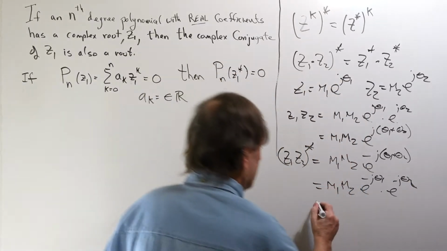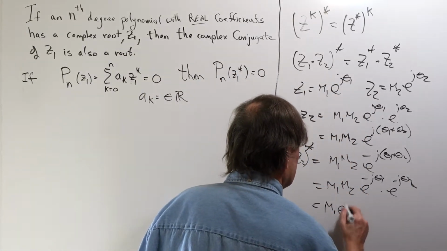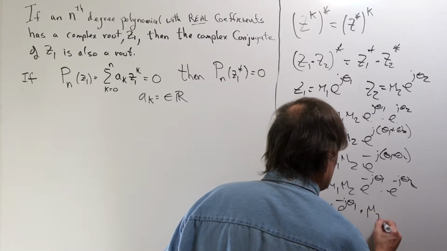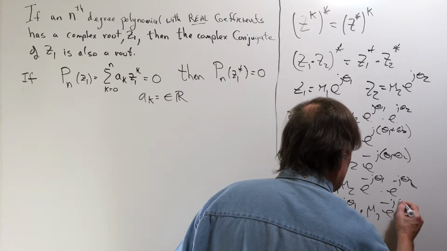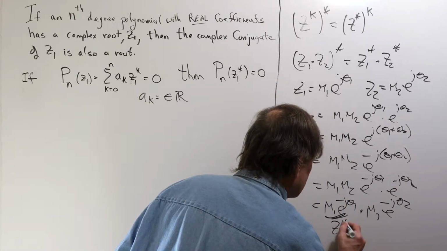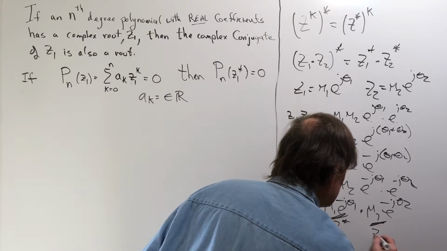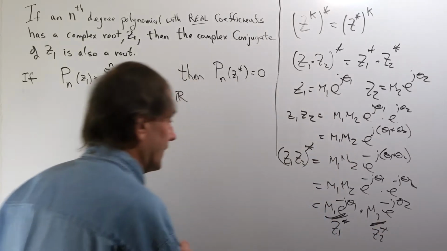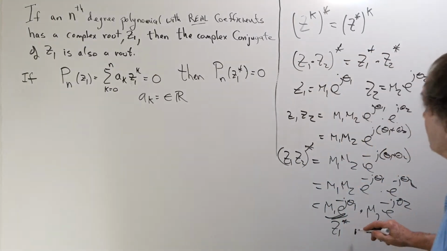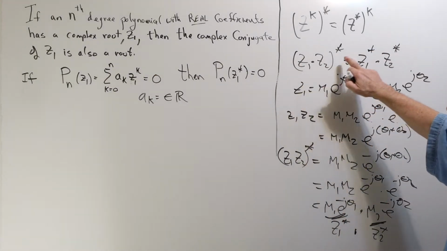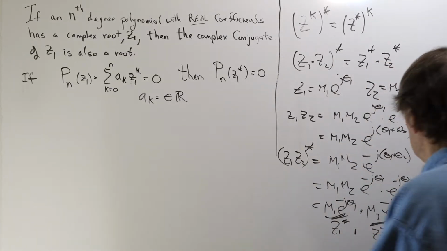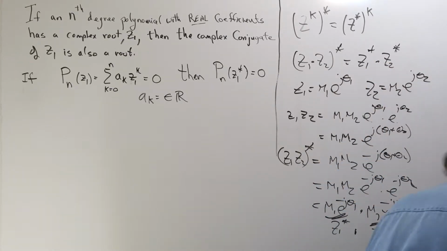And then I pair it as m1 e to the minus j theta 1 times m2 e to the minus j theta 2. So this is z1 conjugate, and by definition that's z2 conjugate. So it's the product. So the conjugate of z1 times z2 is z1 conjugate times z2 conjugate. So that's the other property we'll be using.